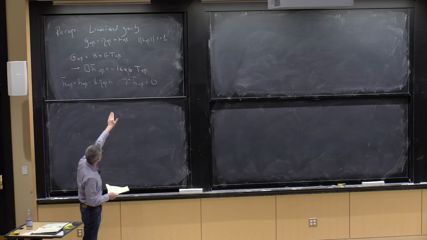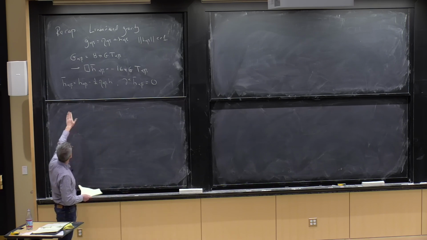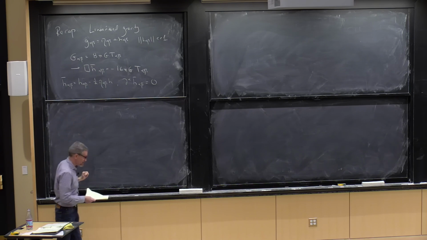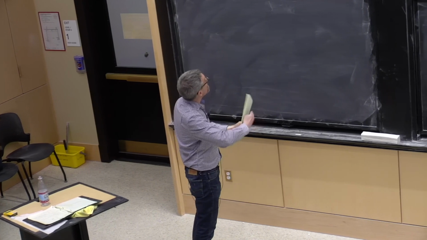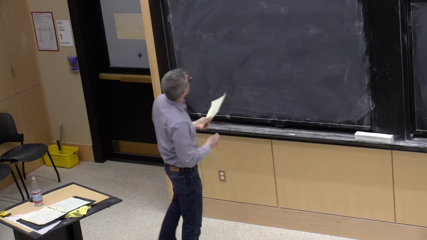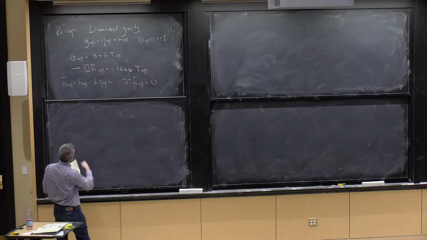It is minus 16 pi G times the stress energy tensor. So in doing this recasting, this is essentially just a trick of reorganizing the variables. I have taken my h alpha beta, which describes the way in which space-time is shifted away from that of flat space-time, the perturbation of flat space-time, and I've just rearranged it to give it the trace with the opposite sign.